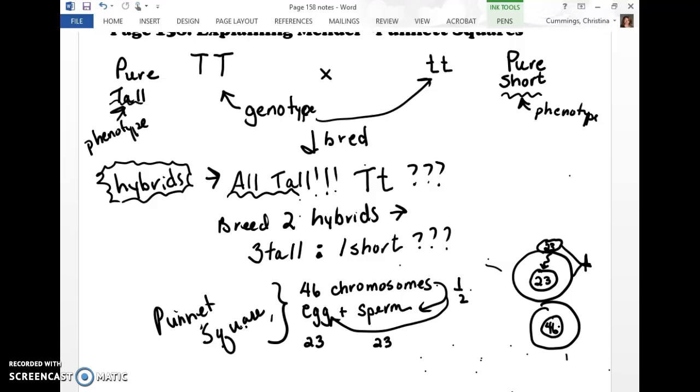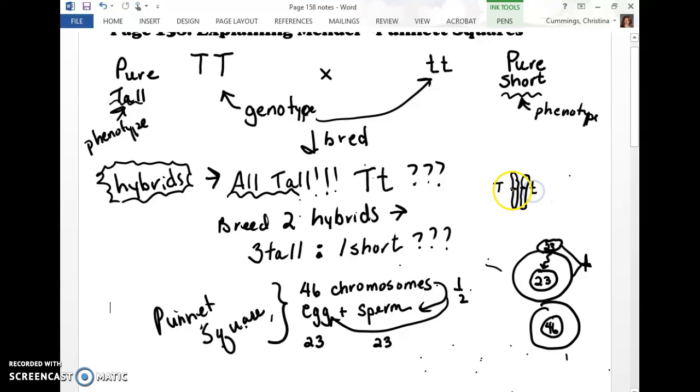So what happens is that the pairs of chromosomes, there's 23, separate from each other when you make your egg or your sperm cell. Let's say that this tall plant has a pair of chromosomes.